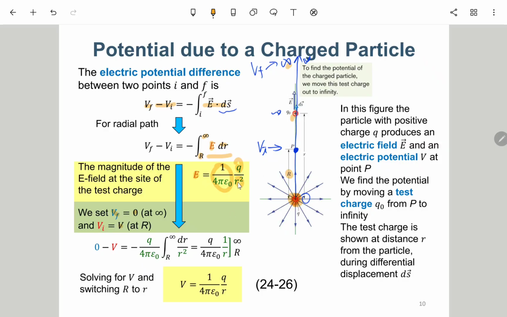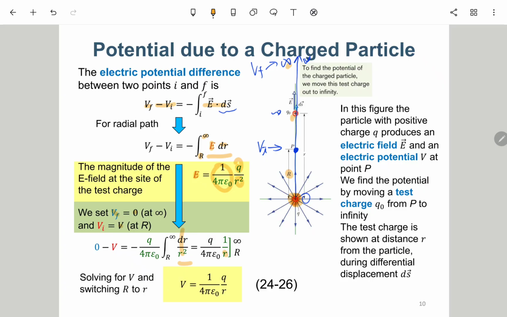Only r squared is a function of r, so we have the integral of dr over r squared from capital R to infinity. This is a polynomial with a negative exponent. r to the negative 2 power, plus 1 is r to the negative 1 power, so we have 1 over r here, with a negative sign.